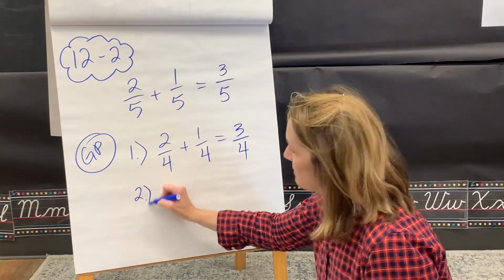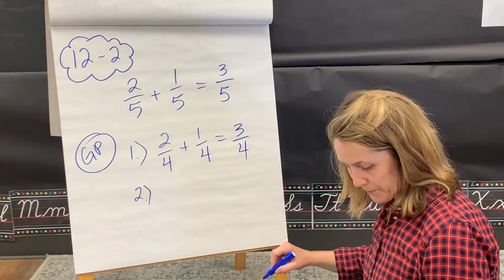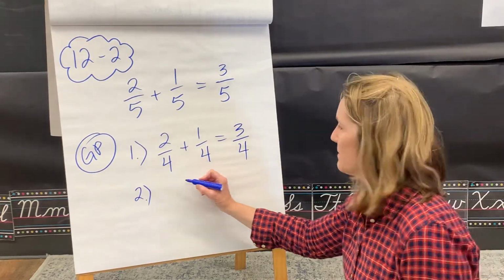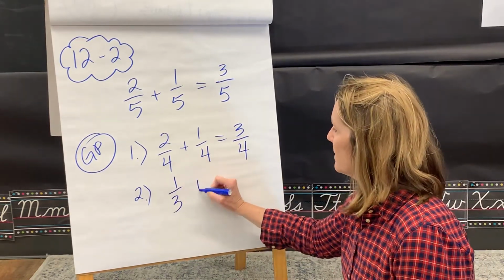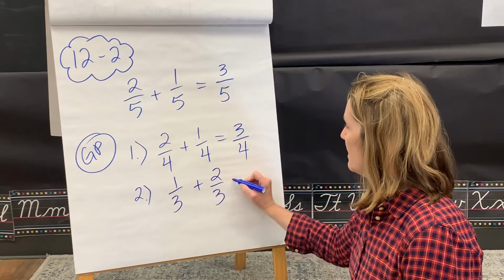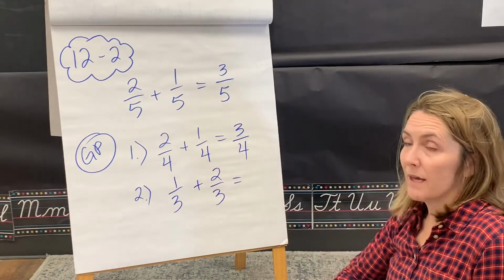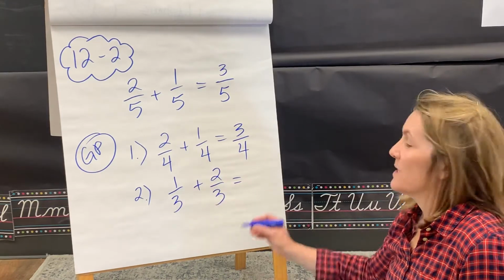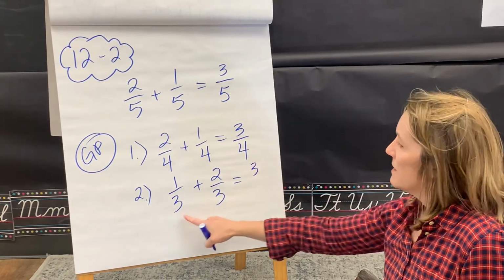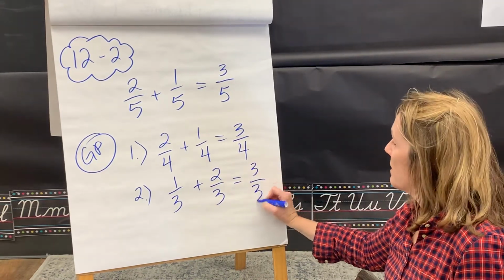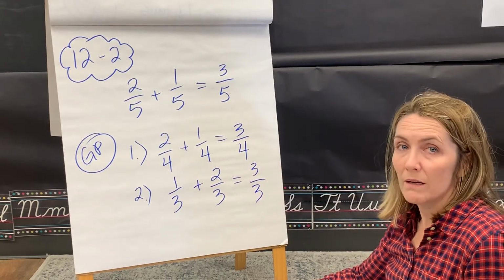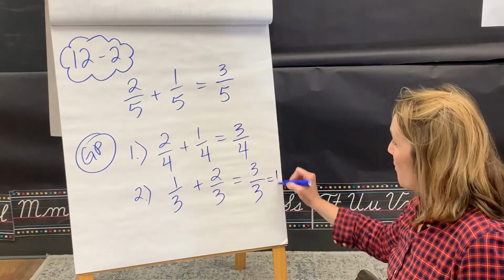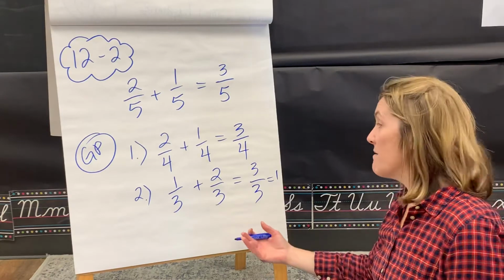I want to bring you to something that's maybe a little bit trickier. Number 2, I like this one. It's 1/3 plus 2/3. And you might be going, wait a second, something's different about this one. 1 plus 2. That's right, 3. Denominator is also 3. What's another name for 3 over 3? 1 whole. That's another name for it.